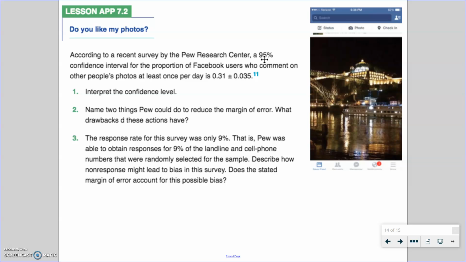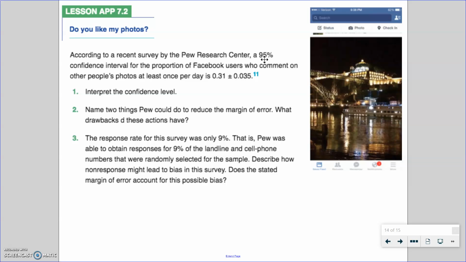Well, the drawbacks to that is maybe that costs more money, maybe it's more time consuming. So really, our three most common confidence level percentages are 90%, 95, and 99, and that's actually why most of us use 95, because it's kind of right smack dab in the middle. You're not compromising your margin of error, but you're also not doing too much that's time consuming to try to get a larger sample, okay?